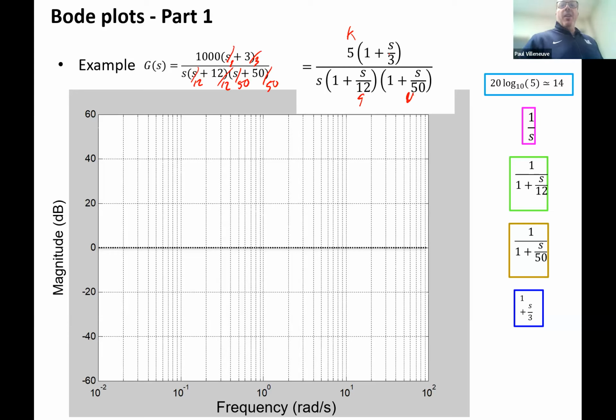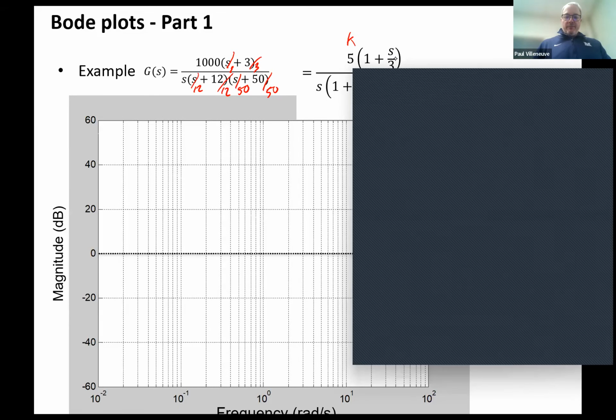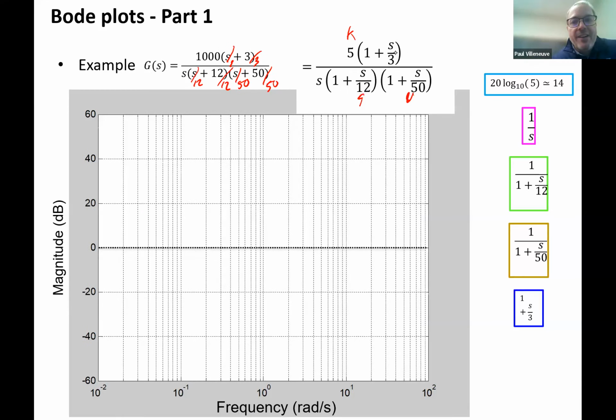Then I'm going to have another one here. That's not going to, so let's do that. So 20 log 10 of 5, what is that going to be equal to? So 13.98. So my value of K is here. So that's going to give me a straight line for my magnitude.